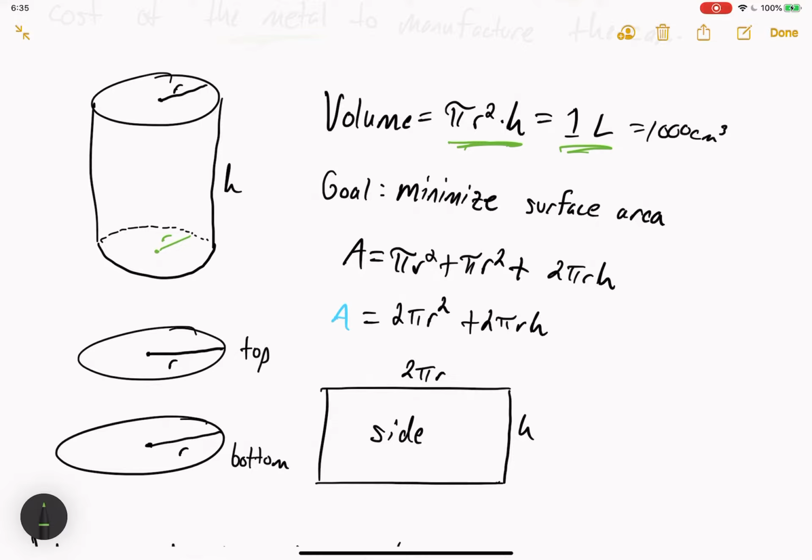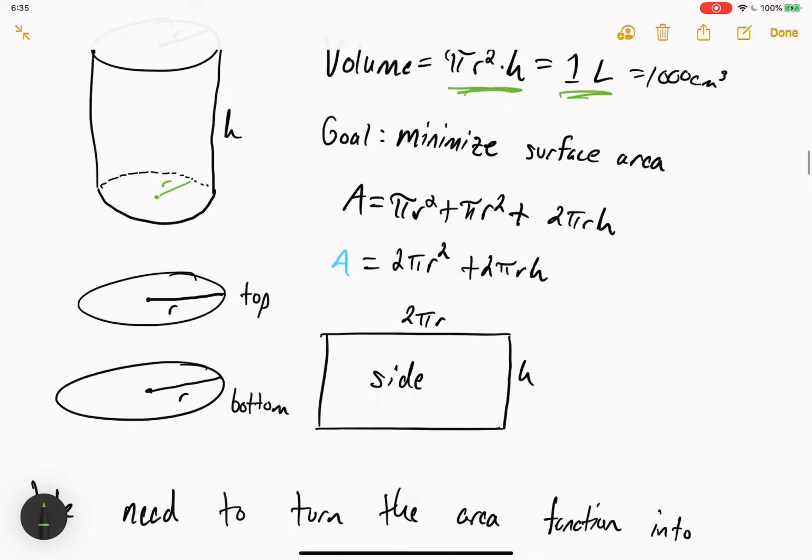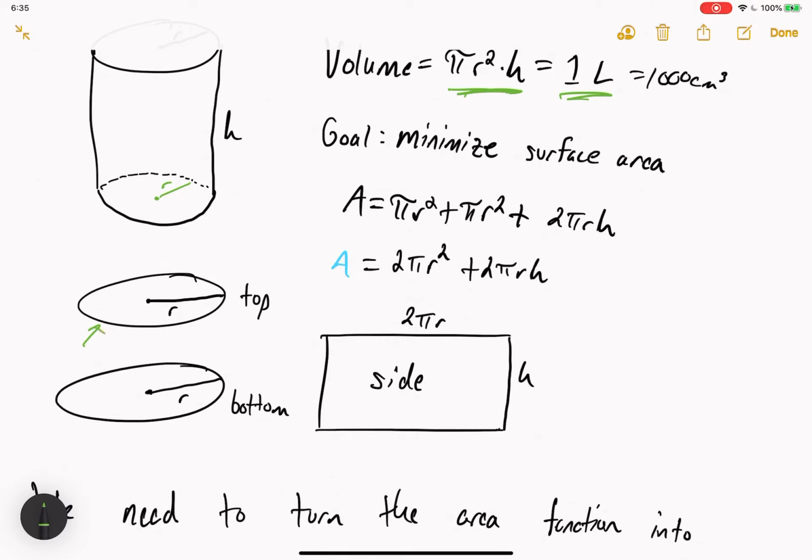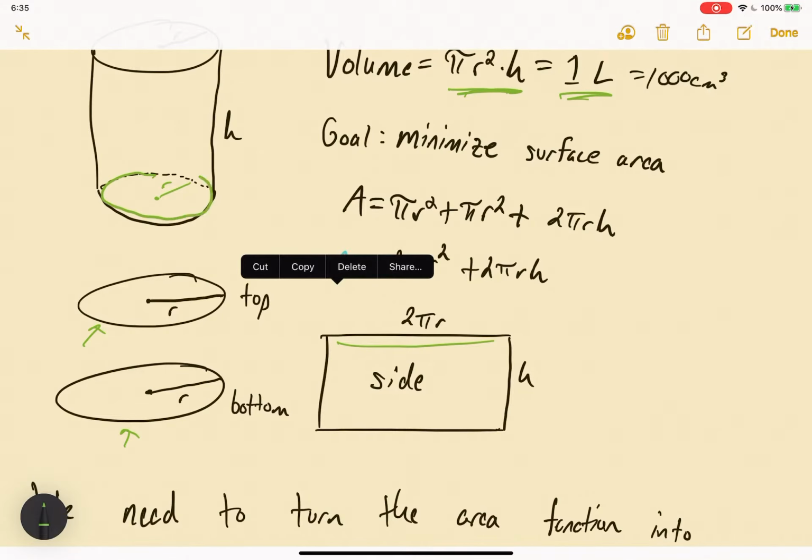So if you look at the cylinder, this will be like the top piece, this will be like the bottom piece, and this will be like the thing that actually wraps around. I don't know how to draw that. So if you figure out all those areas, the area of a circle is going to be pi r squared, another pi r squared, and then this length right here will be corresponding to this.